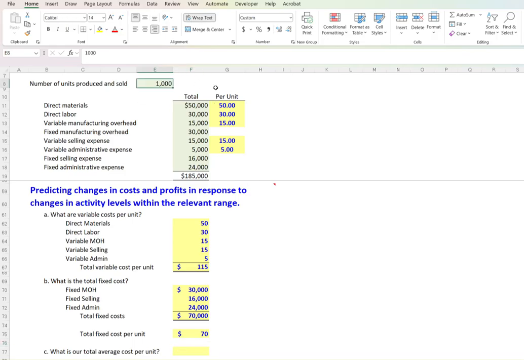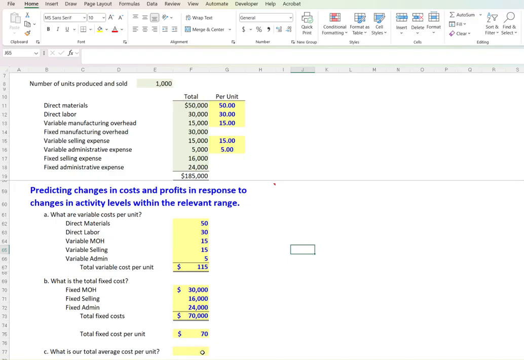If our number of units produced had been, instead of 1,000, had been 2,000, our cost per unit, instead of being 70, would be 35 for fixed costs. Of course, if we had only produced 500, our fixed cost per unit would have been, instead of 70, 140. All right.